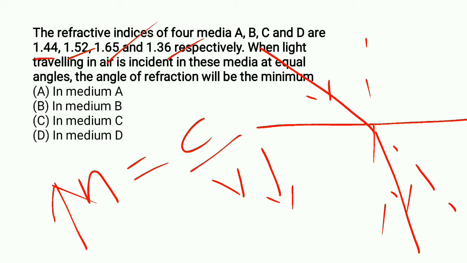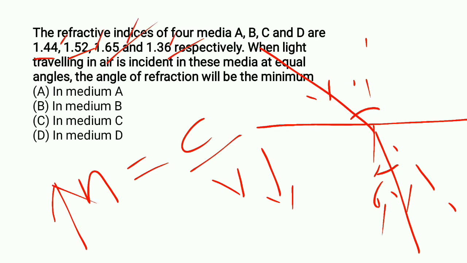Here is the angle of incidence and this is the angle of refraction. Here we want to find in which medium the angle of refraction is minimum. Now you can see the four values they have given.